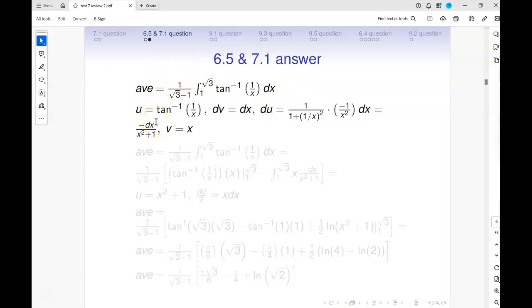Now we have to do a u sub, or I'm sorry, integration by parts, because we don't have an antiderivative for tan inverse, right? So u should just be tan inverse of 1 over x. dv is going to be dx. So du is 1 over 1 plus 1 over x squared times negative 1 over x squared. You had to do a chain rule on that piece.